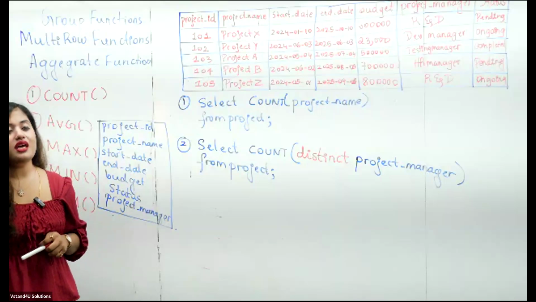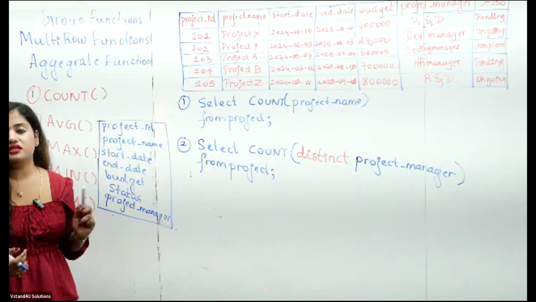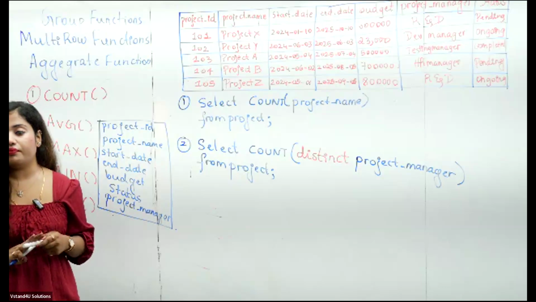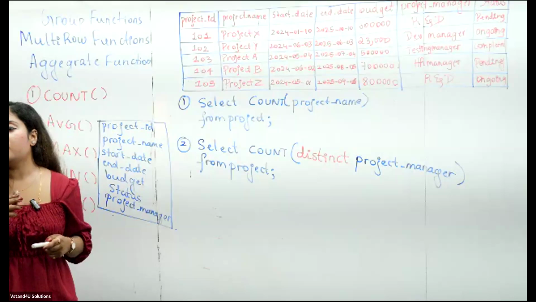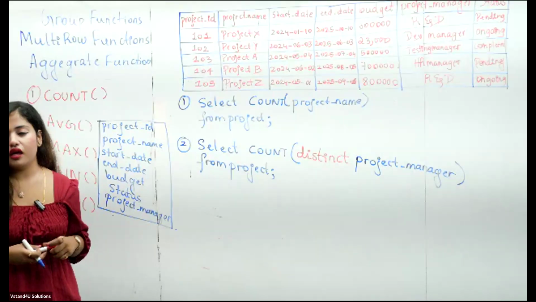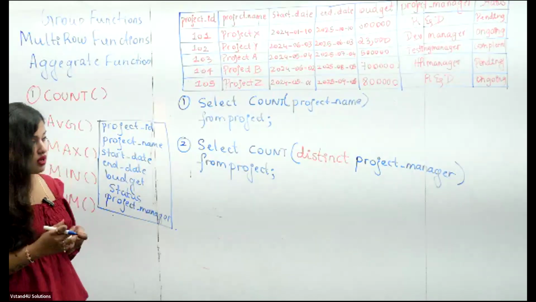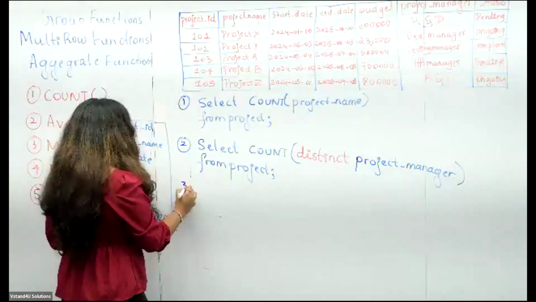To get the unique values, you will be using distinct clause. These 3 types of clause, you people are already clear. Then don't come and tell me, ma'am, you have not done clauses. Clear? Done?